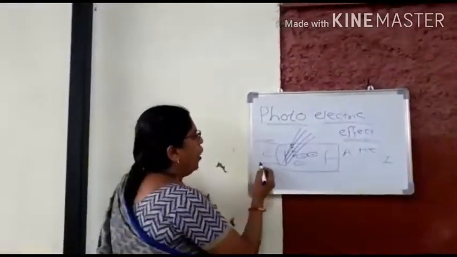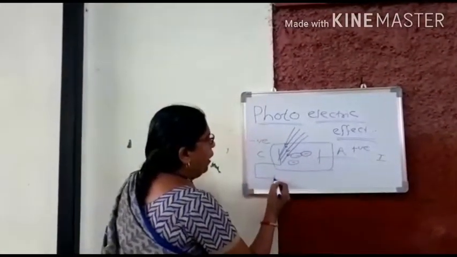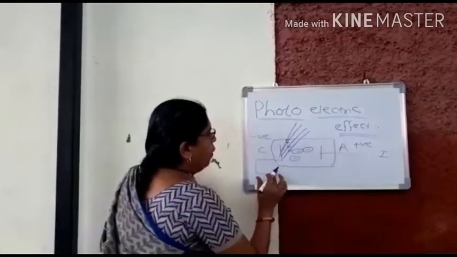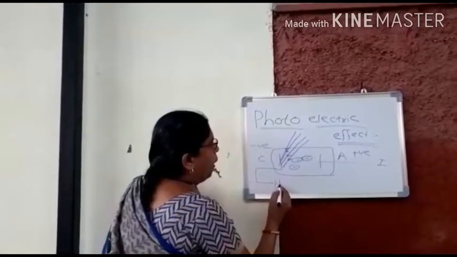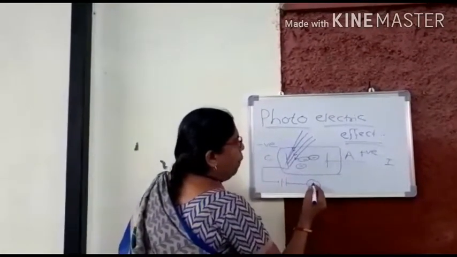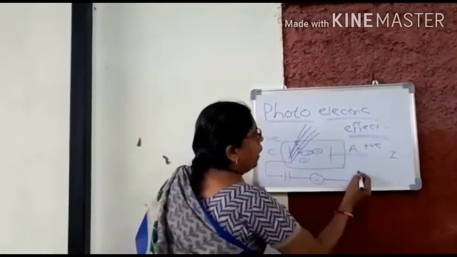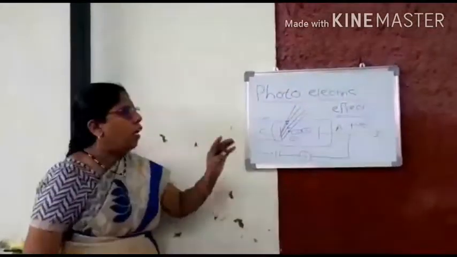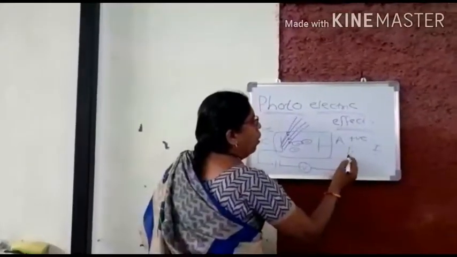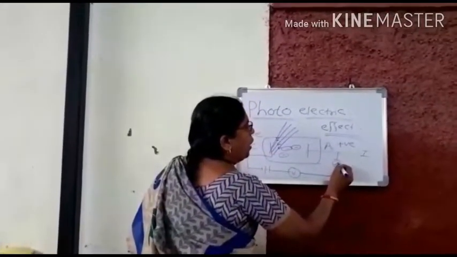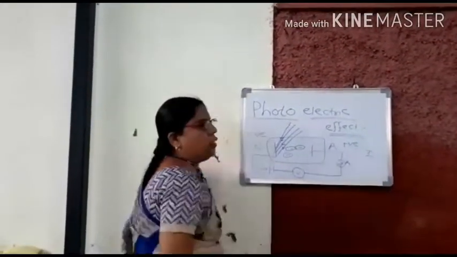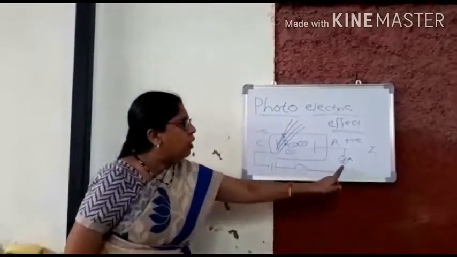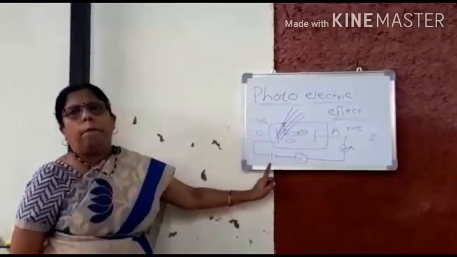What happens when we apply a battery here, making the collector negative and the anode positive? Here we apply a voltmeter to measure the voltage in the circuit, and we also connect one ammeter to measure the current in the circuit. This is a voltmeter, this is an ammeter, this is a battery.